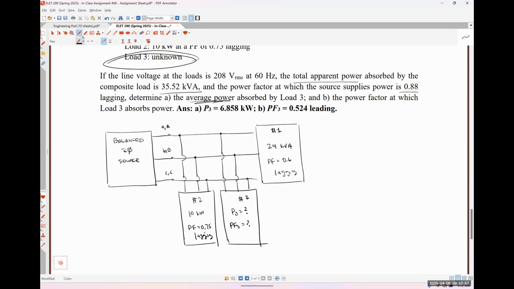We are told that the line voltage at our loads is 208 volts RMS. We're told that the apparent power absorbed by our composite load, so S composite 3-phase absolute value, is 35.52 kilovolt ampere, and we are told that the power factor at which our voltage source is supplying power is 0.88 lagging.